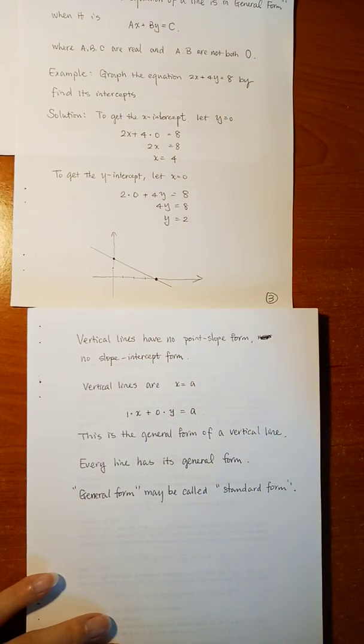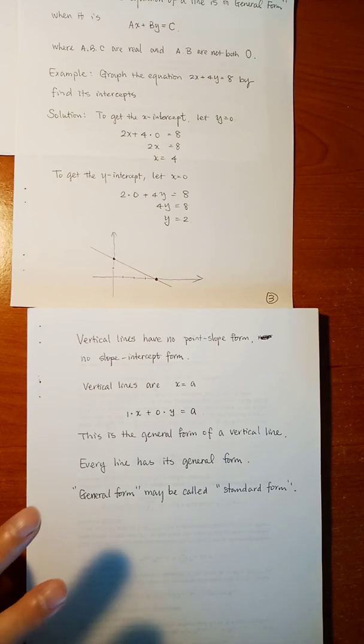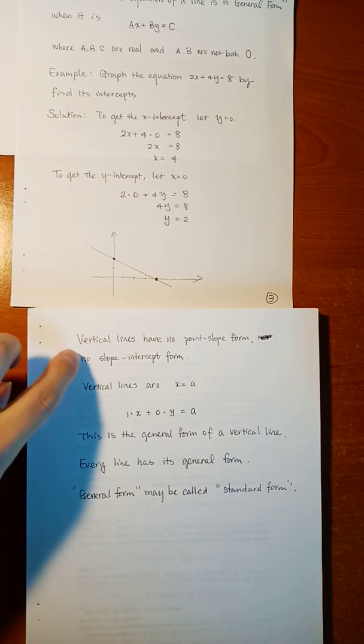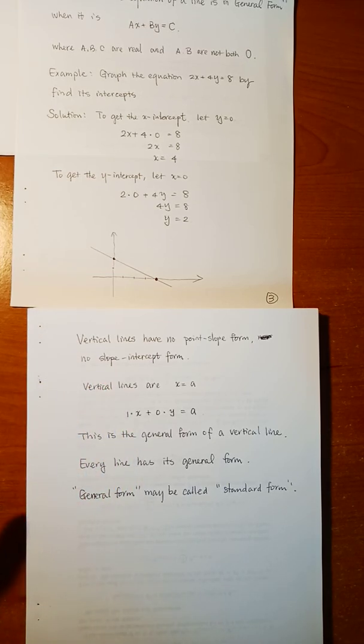That's not a surprising name. So every line will have a general form, but only non-vertical lines will have the point slope form and slope intercept form.